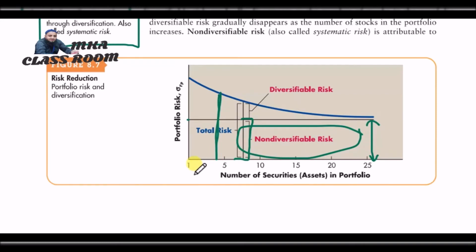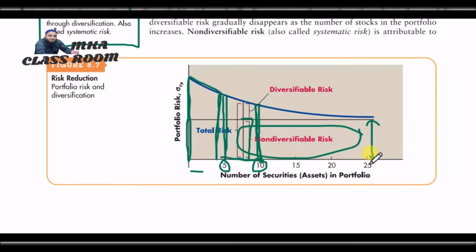If you see, when there is one security, it creates the total risk. Then if you increase your portfolio to 5 securities, your risk decreases here. When you increase your securities to 10, your risk decreases here.